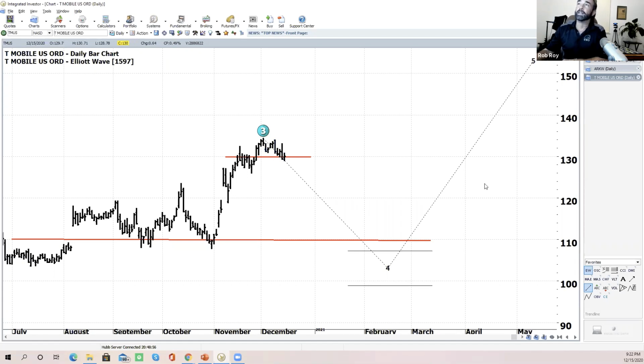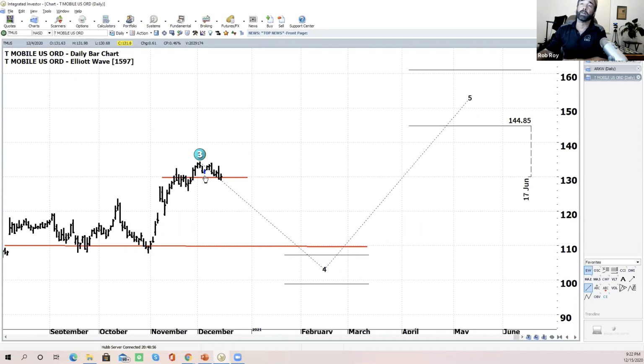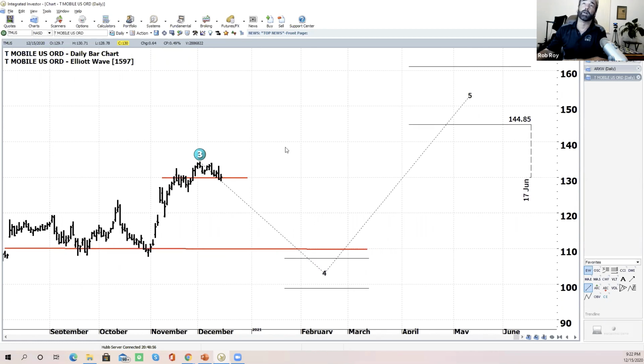So at this point in time, if you were following along with this one, I wouldn't get out yet, but I would be conscious of, you know, we're on shaky ground here, no doubt. But we need that break of support with the confirmation day. And if we get that, then either adjust it and trade to the downside, or you close the trade out and move on one way or the other.